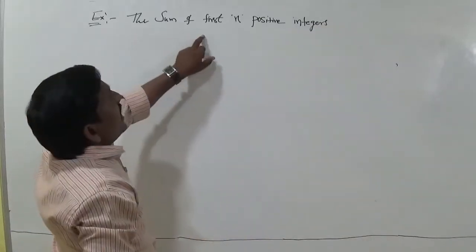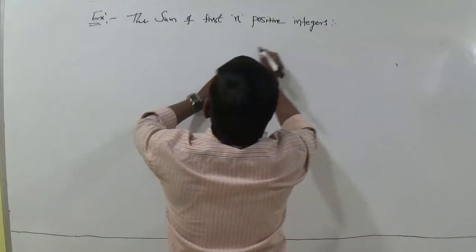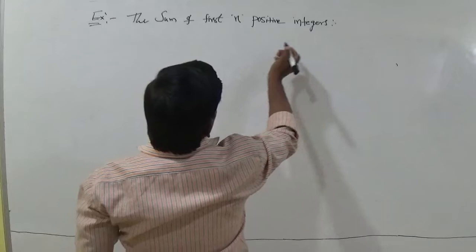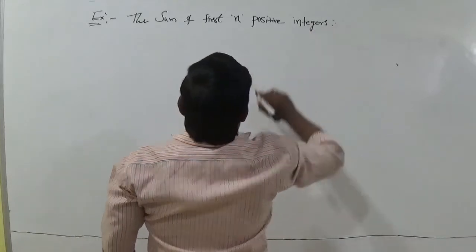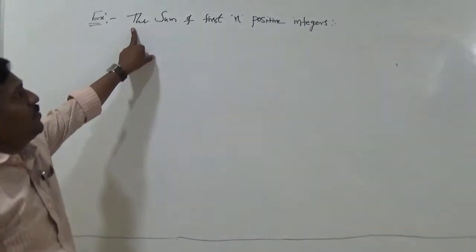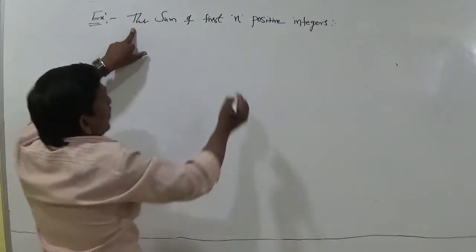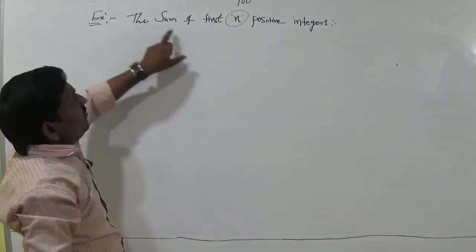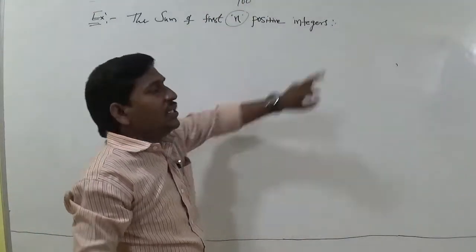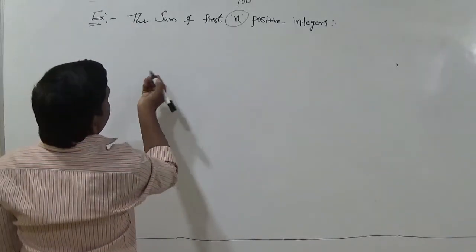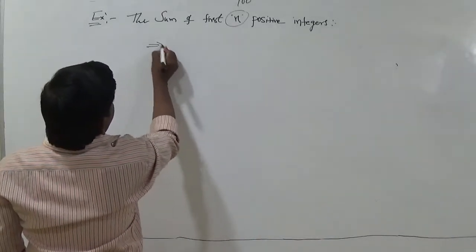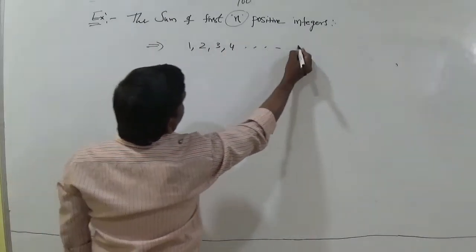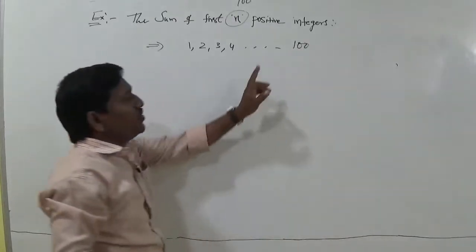Instead of n, you can take 100: the sum of the first 100 positive integers. Okay, by using this formula, the sequence 1, 2, 3, 4, and so on, there are 100 positive integers.